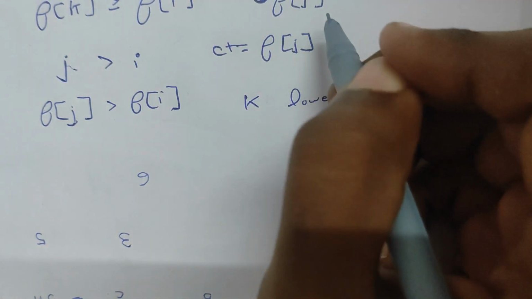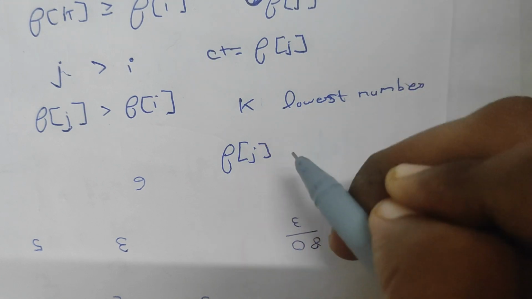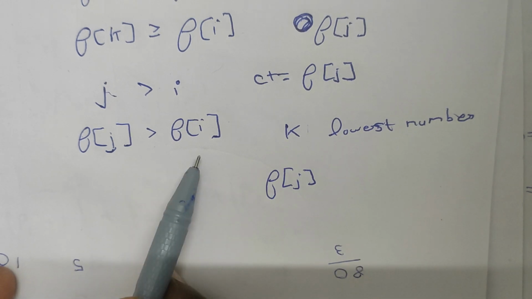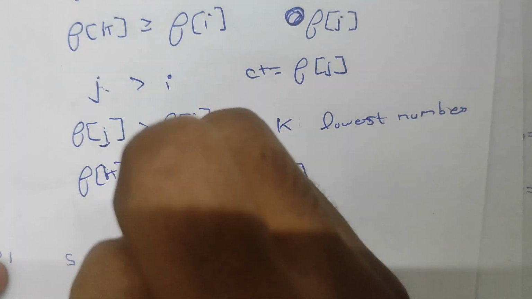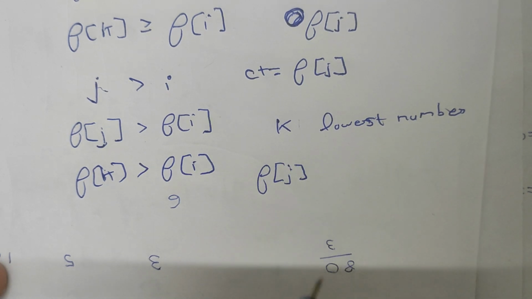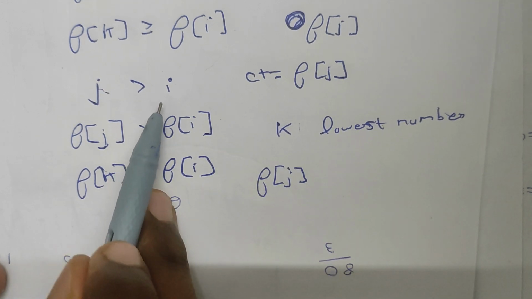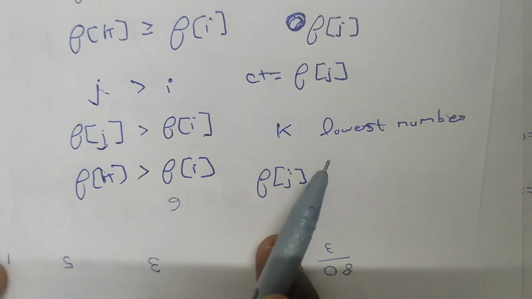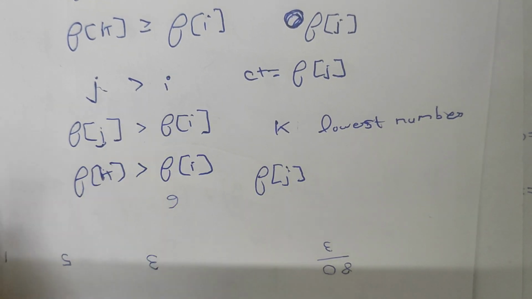So in the best case that we talked about earlier, the minimum number of fans for K will at least be equal to f of J, and since we already know that f of J is greater than f of I, f of K will also be greater than f of I. Since this is the lowest number, this will be a value lesser than I. So suppose there are some candidates lesser than I; since K is the lowest number, this will be a candidate lesser than I.